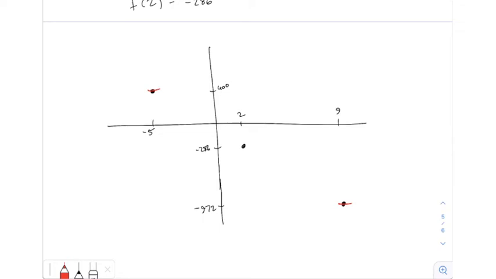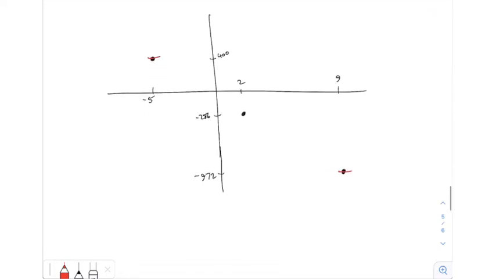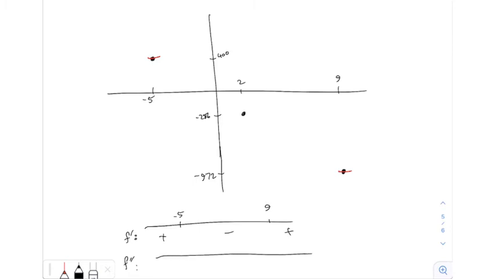All right, and now I just got to recall my two charts. I'm going to draw them again just so you can see them together. This was the f prime chart, the increasing decreasing, went -5 and 9, and it was plus minus plus. And then the second derivative chart went just with a 2 in the middle, and it was minus on the left, plus on the right.